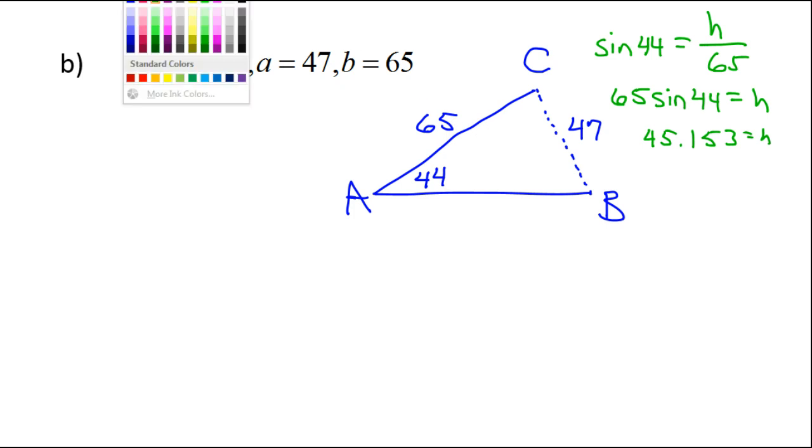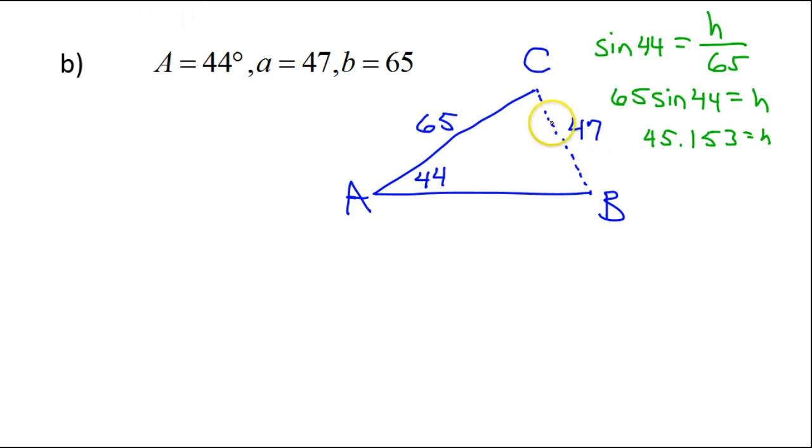Here's how you get two triangles. Sometimes you can take this rope and swing it inside the triangle like this, and it forms a second triangle. So the question is, will this rope fit in here? Remember that the rope is length 47. So I look at the rigid side to answer the question. The rigid side is 65.